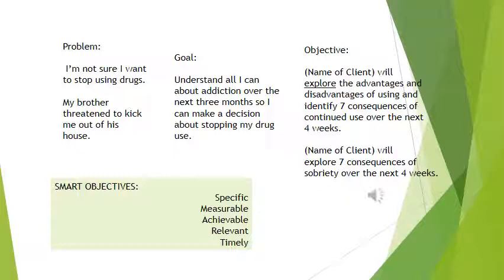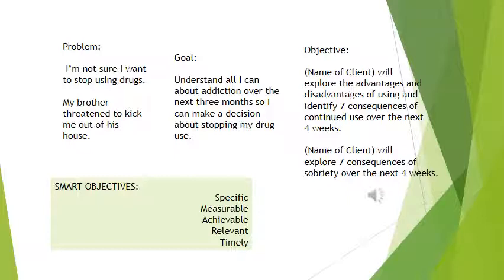And so we can create 2 objectives this way. We can help the client identify 7 consequences of continued use, and we can also create an objective with the client of exploring 7 consequences of sobriety. So in this way, the client has an opportunity to look at the pros and cons of continued use as well as sobriety.